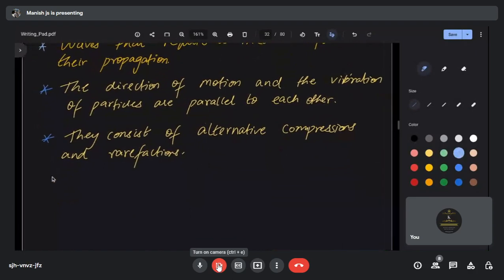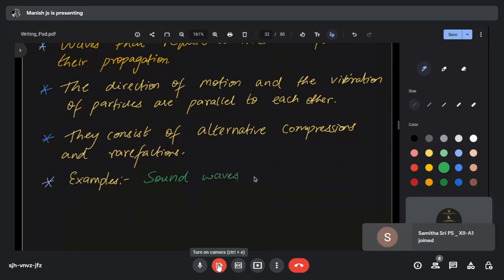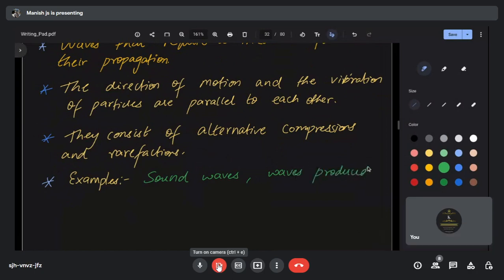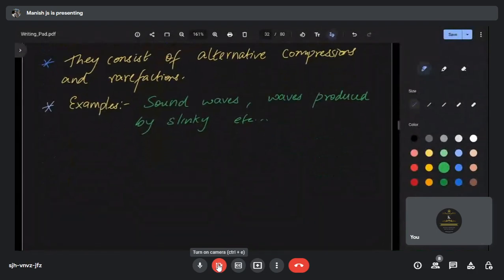Finally, we looked at some examples also. What were the examples for longitudinal? Yeah, examples. So we had sound waves, and waves produced by the slinky, etc. So like this we looked at the examples.